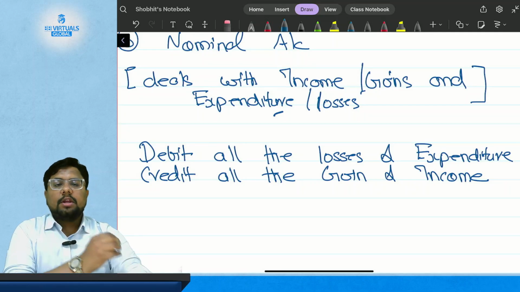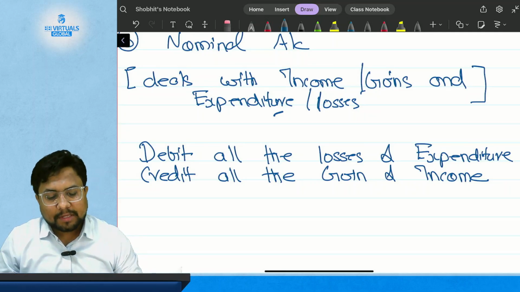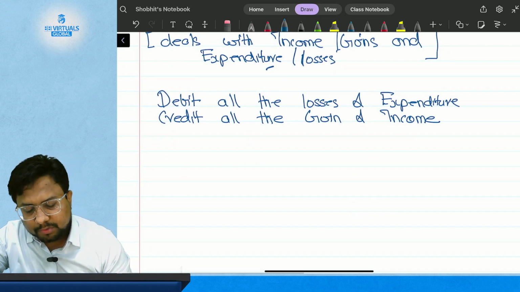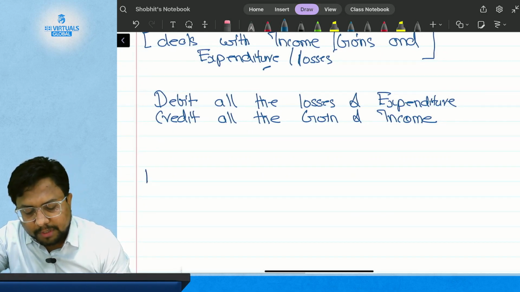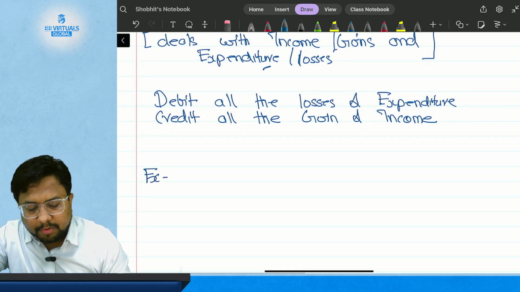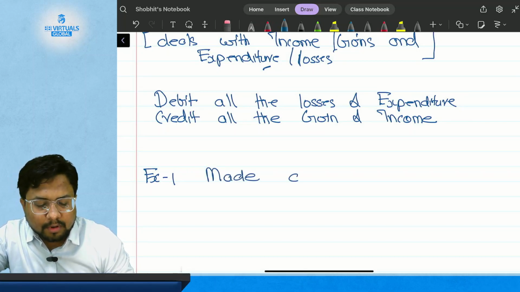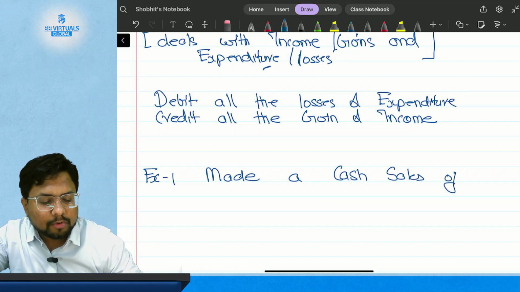Now we will study the example by taking certain illustrations. Suppose we take example number 1: made a cash sales of dollar 1000.